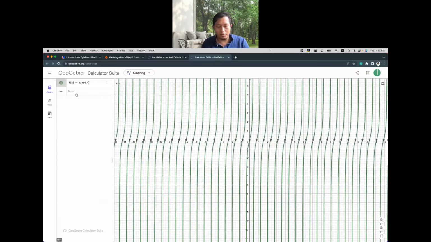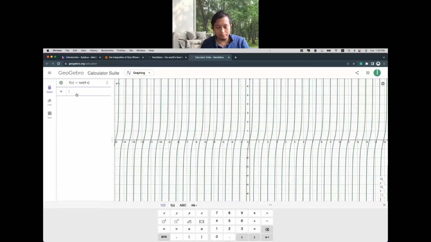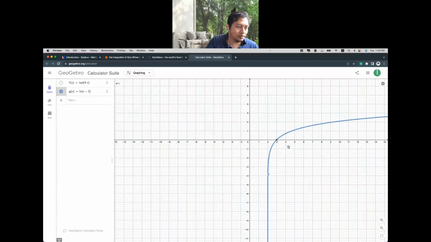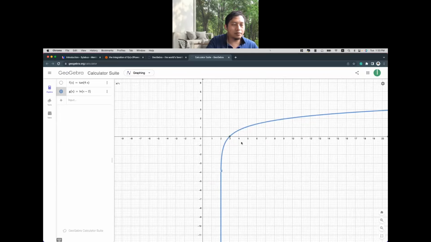And maybe another one is ln(x - 2), like that. And we can hide the other one so that we can focus on this ln.